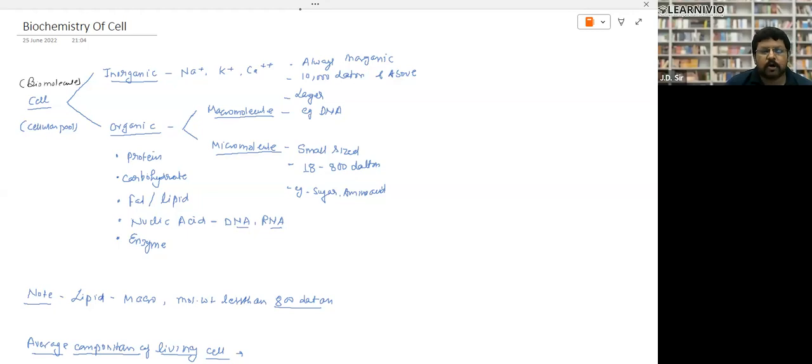Now the inorganic and organic types you have already gone through, right? You have already noted it down, so no need to note down. And then next point.